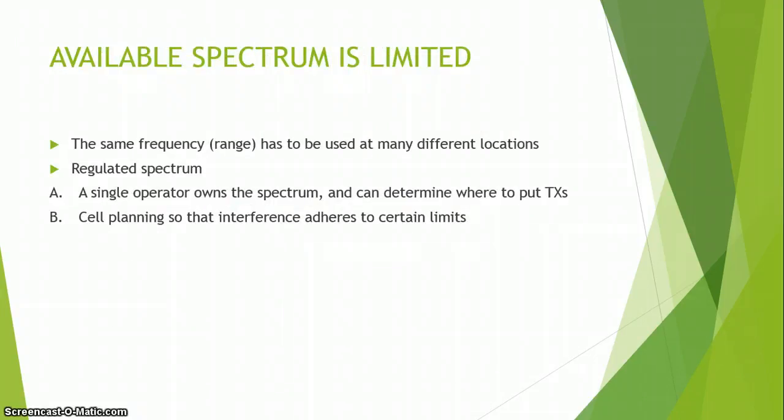The available spectrum is limited, where the same frequency range has to be used at many different locations. Regulated spectrum: a single operator owns the spectrum and can determine where to put the transmitter.